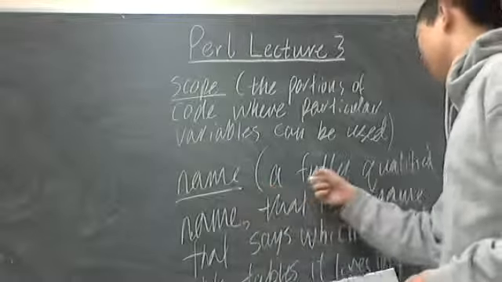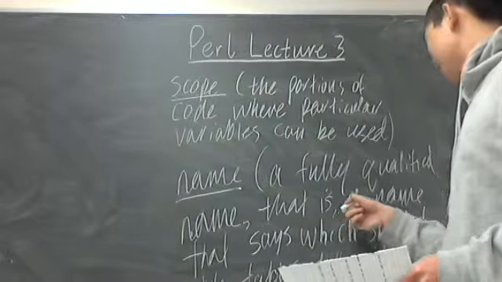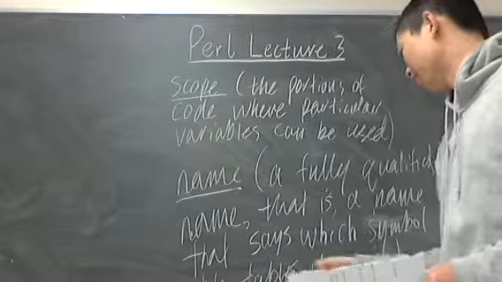Okay, that's what a name is. A fully qualified name is a name that says which symbol table it lives in.